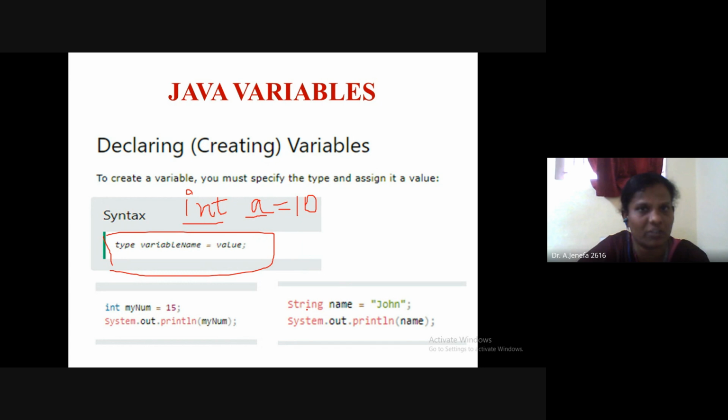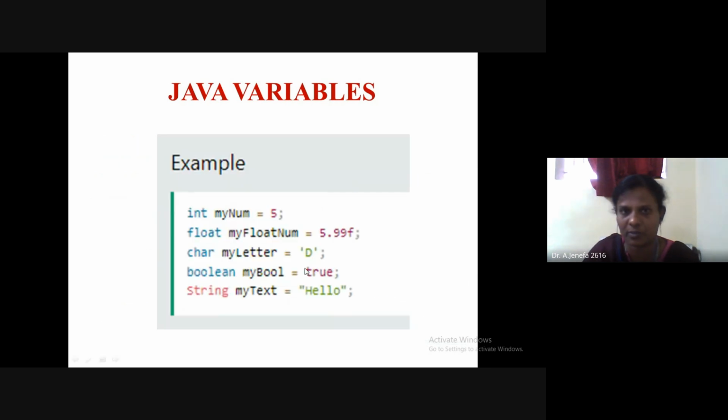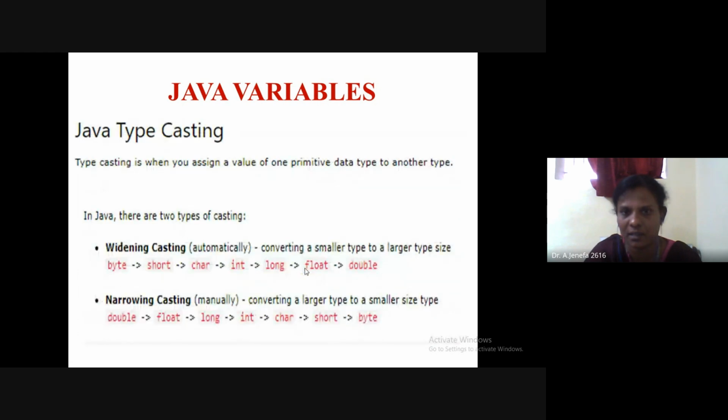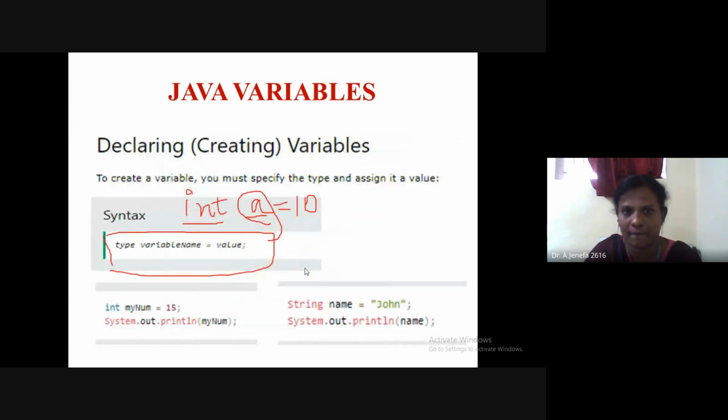Any name can be given for a variable, but there are certain rules to set a name for a variable, which will be discussed in the next slide. So int a is equal to 10 is how we declare a variable. Now this variable a is assigned with the value 10.